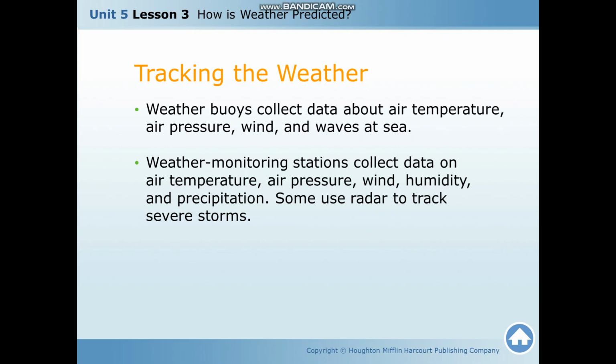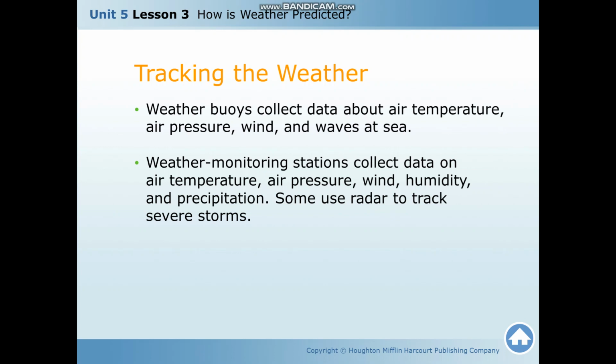Precipitation can be in the form of rain, snow, hail or sleet. So what is the difference between hail and sleet? Hail is bigger, sleet is smaller, and hail most commonly occurs during summer, and sleet most commonly occurs during winter.